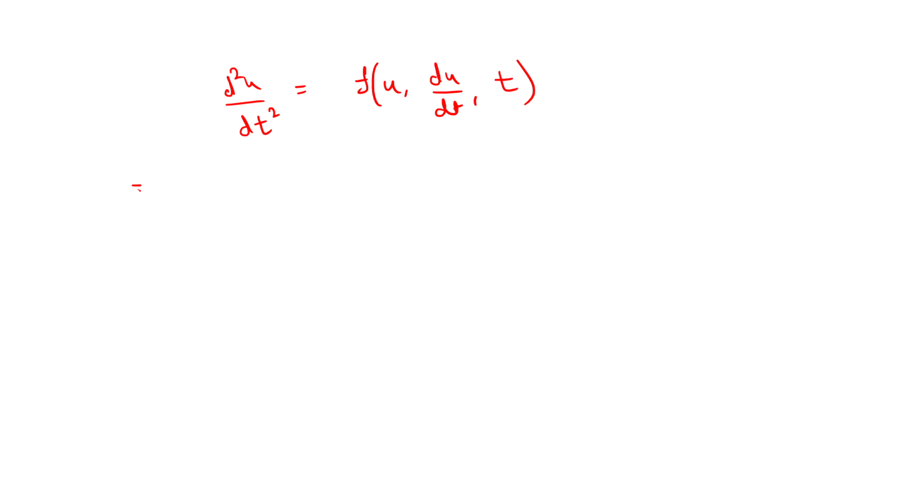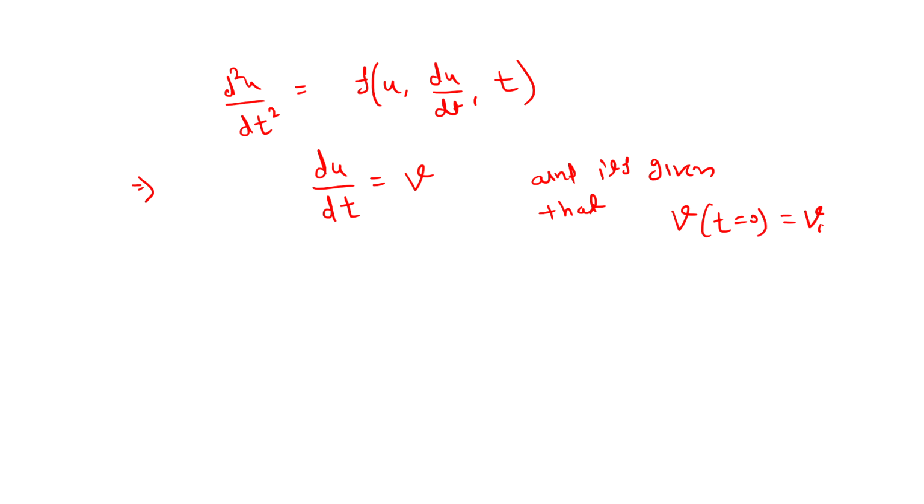My first ODE is that du over dt is nothing but v, and it's given that v at t equal to 0 is equal to v naught.